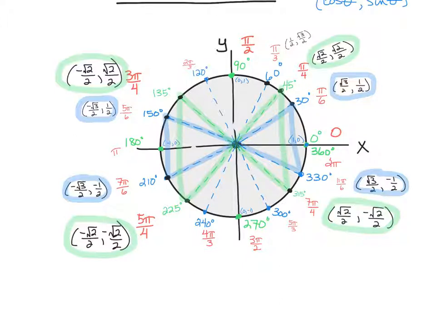And last but not least, we're going to fill in the ones for the angles that have a reference angle of 60. And so I guess I'm going to have to use red here for my bow tie. And we want to hit these 4 points right here.